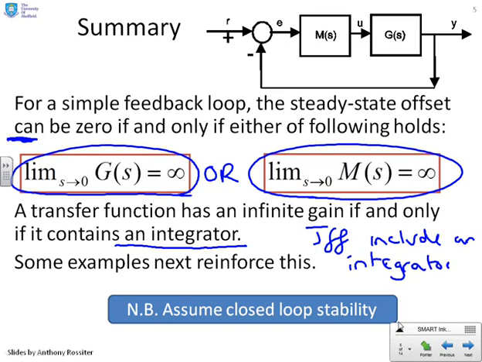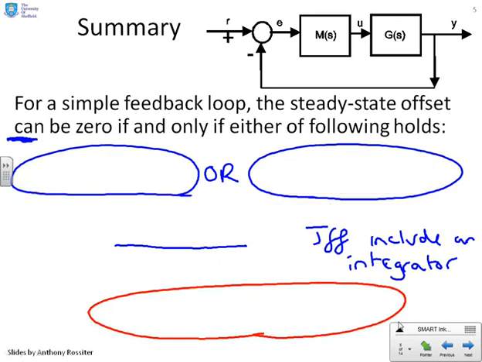If you want to get rid of steady state offset, there must be an integrator in the forward path, and it could be in the compensator or in the plant. It doesn't matter which. However, and we'll reiterate this again and again, this is only true if the closed loop is stable.